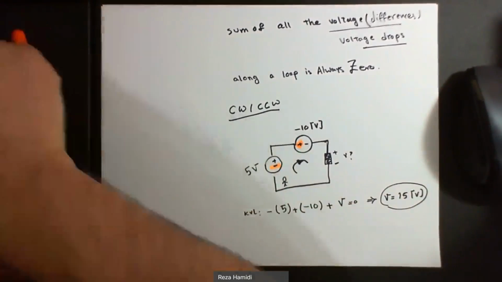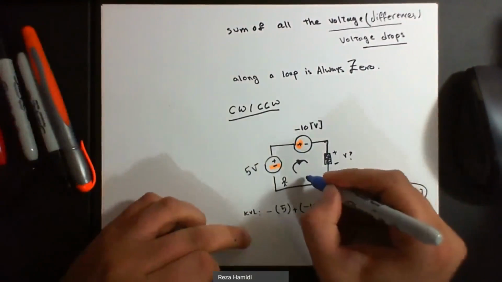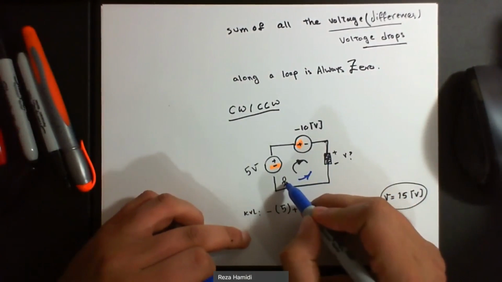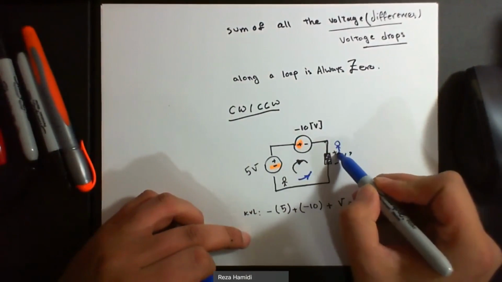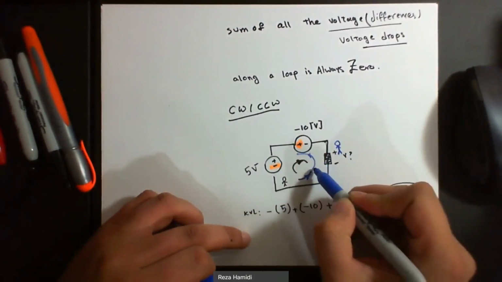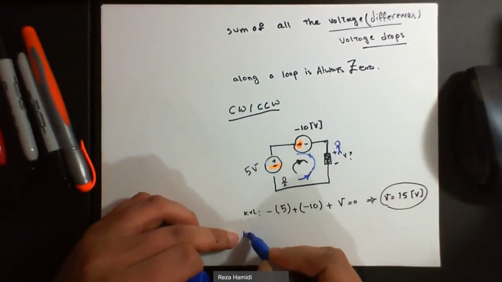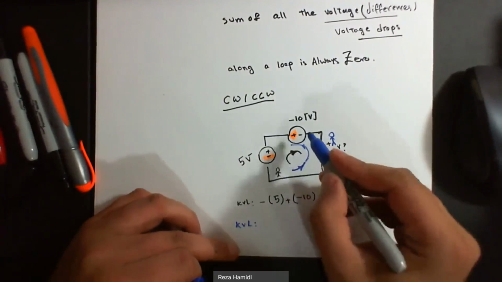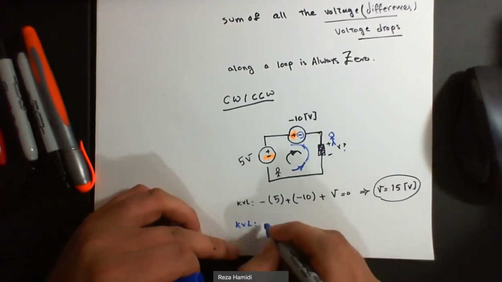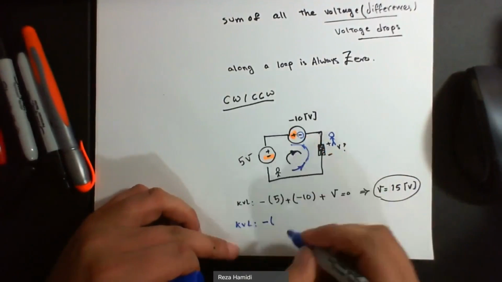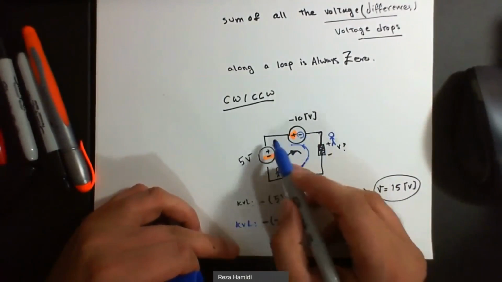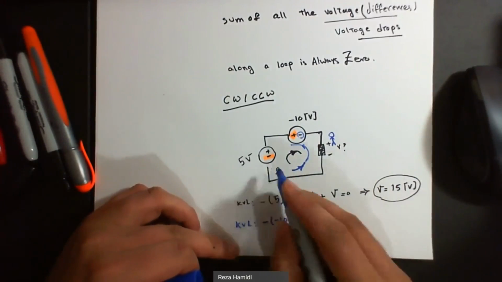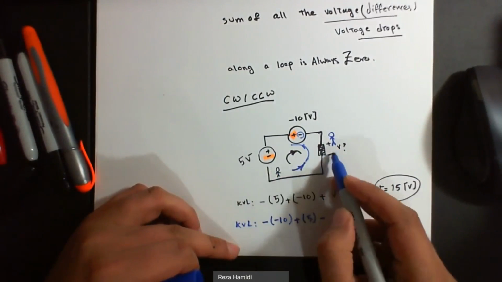Someone else prefers, let me use blue, to go this way. And instead of starting from that point, that guy starts from this point. So, blue KVL. In the blue KVL, this guy first sees negative head. Minus, and how much is this voltage? Minus 10. Then positive. Positive what? Positive 5. Then minus what voltage?